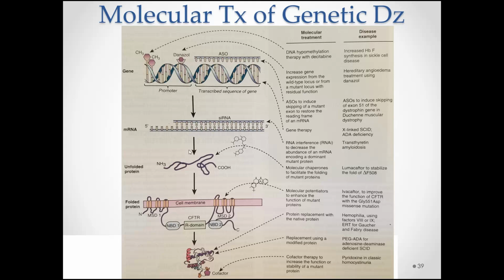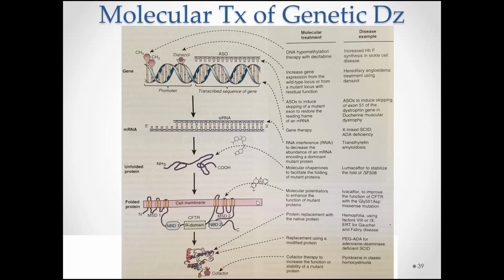And then when you do have the protein, sometimes the protein is abnormal, and lumacaftor in the common mutation of cystic fibrosis can facilitate folding of the protein, letting it work its way through the Golgi apparatus and to the cell membrane.